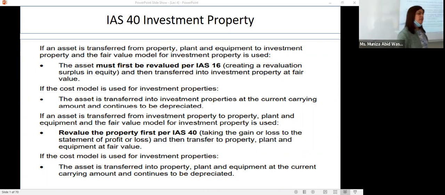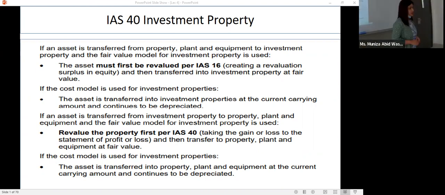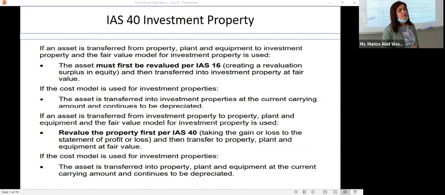We had discussed the definition of investment property: all of that kind of property which the organization or an individual is purchasing for the purpose of capital increments or for the purpose of giving it on rentals is known as an investment property.